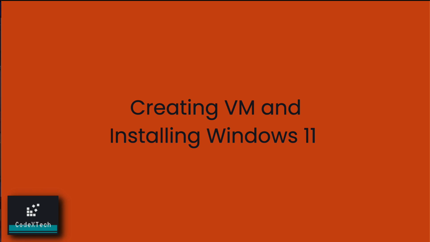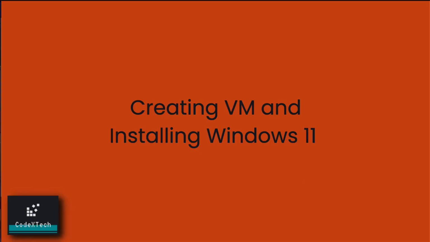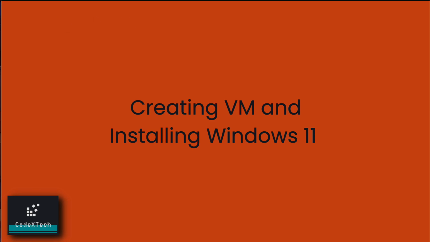Since you have VMware Fusion already installed, you'll go to your MacBook menu bar and click on the VMware Fusion menu. When you click on that, it will bring up this screen to create another virtual machine or use the existing one. So click on create a new virtual machine.